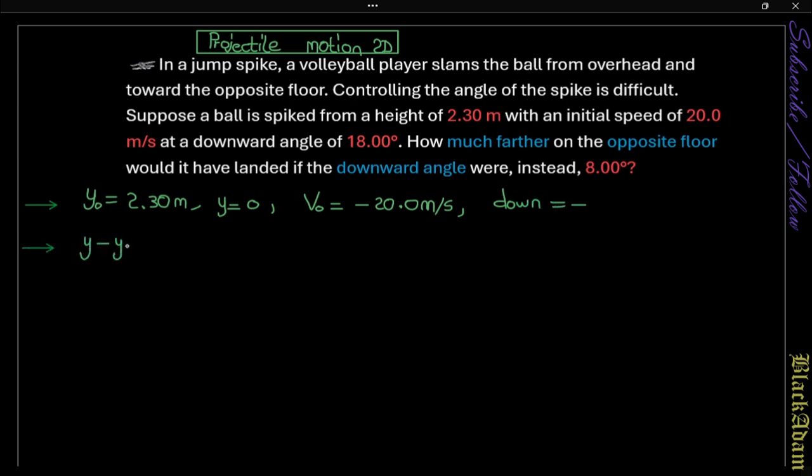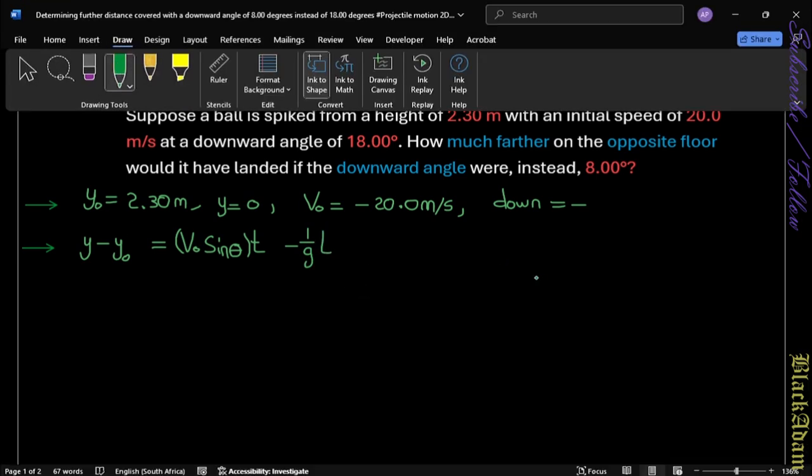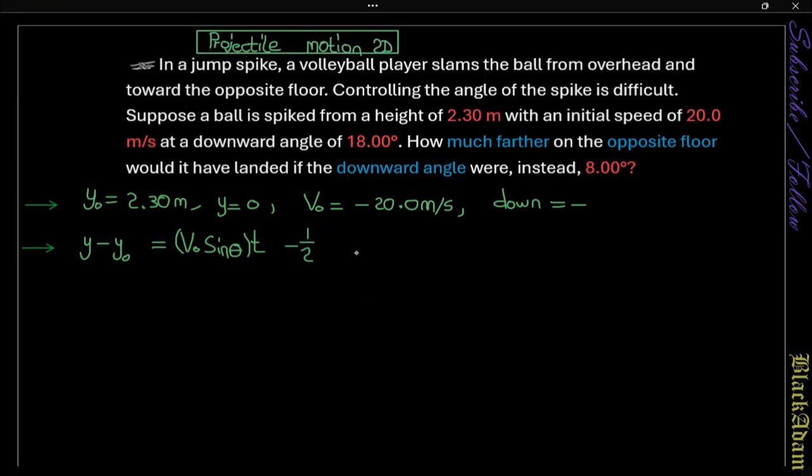And now we have the equation for down as negative: final position minus initial position is equal to the initial speed multiplied by the sine of the launch angle times time, minus a half g time squared.